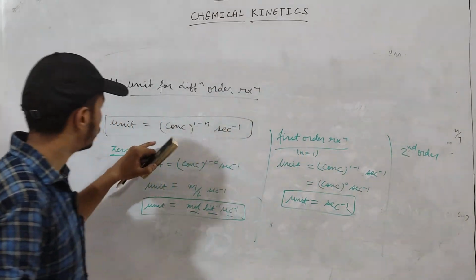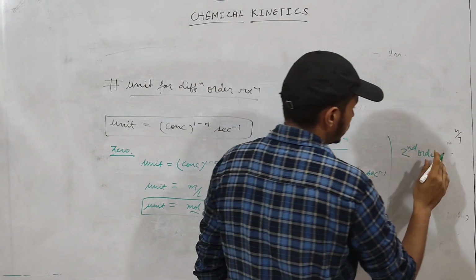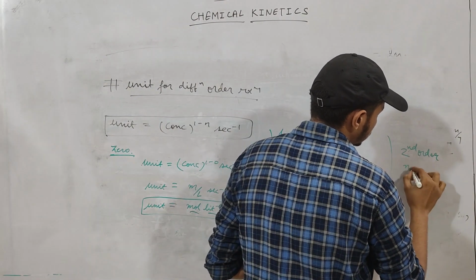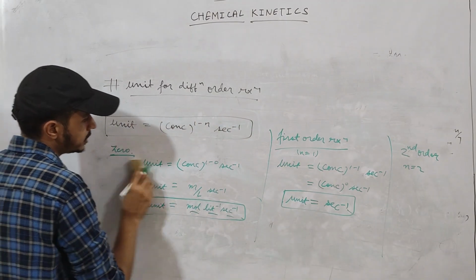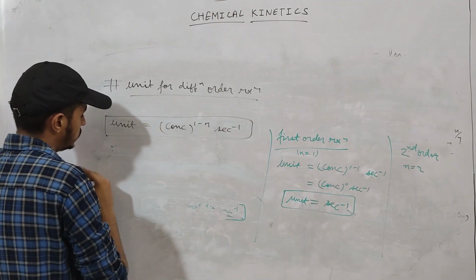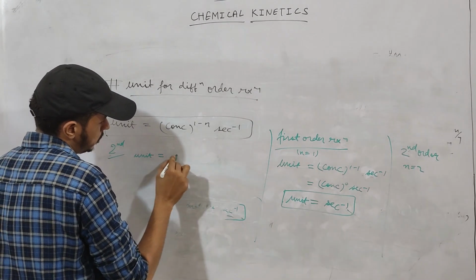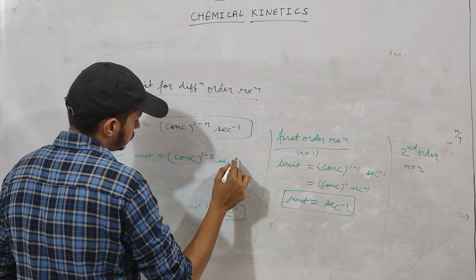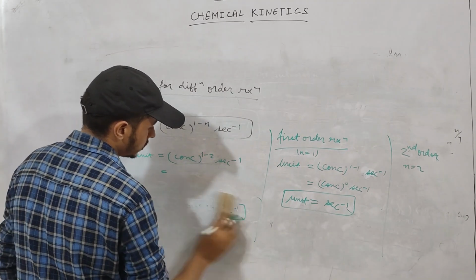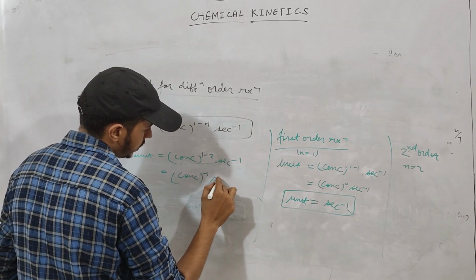Similarly, we can calculate for a second order reaction, where the value of n is 2. We put the value directly here. The unit will be concentration to the power 1 minus 2, second inverse. So we get concentration to the power minus 1, second inverse.